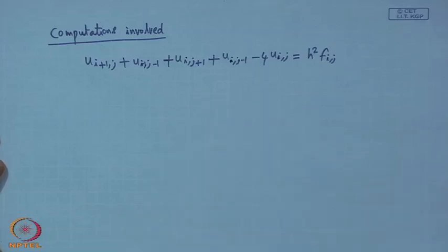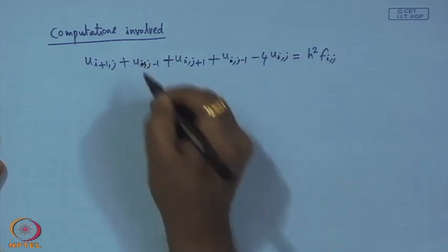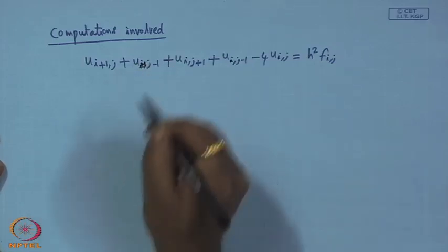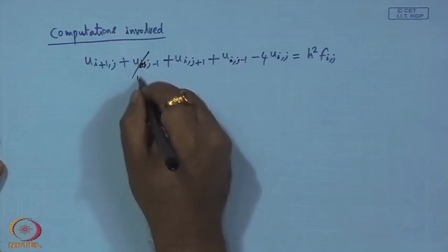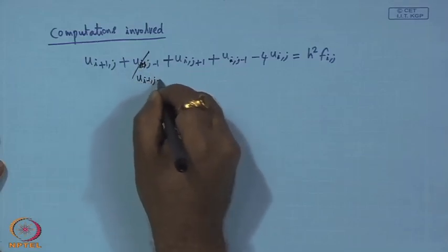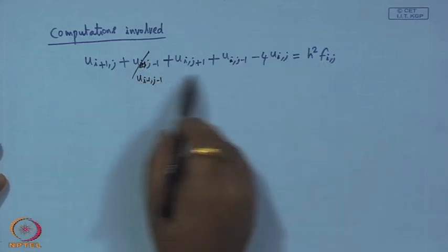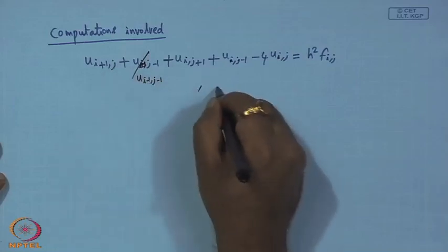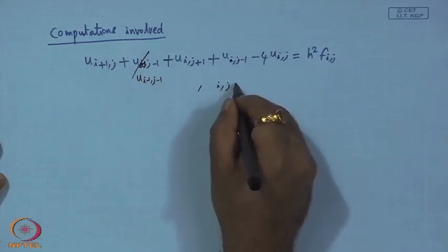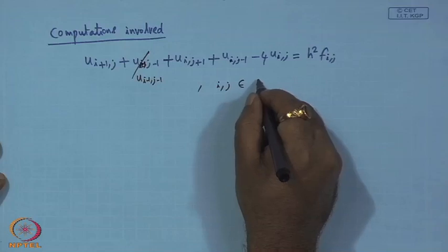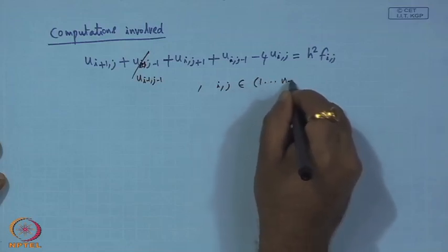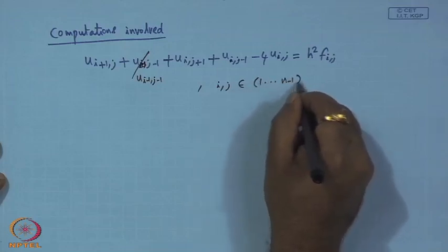So, this is the more general formula. Here (i, j) belongs to the range 1 to n minus 1 in each direction.